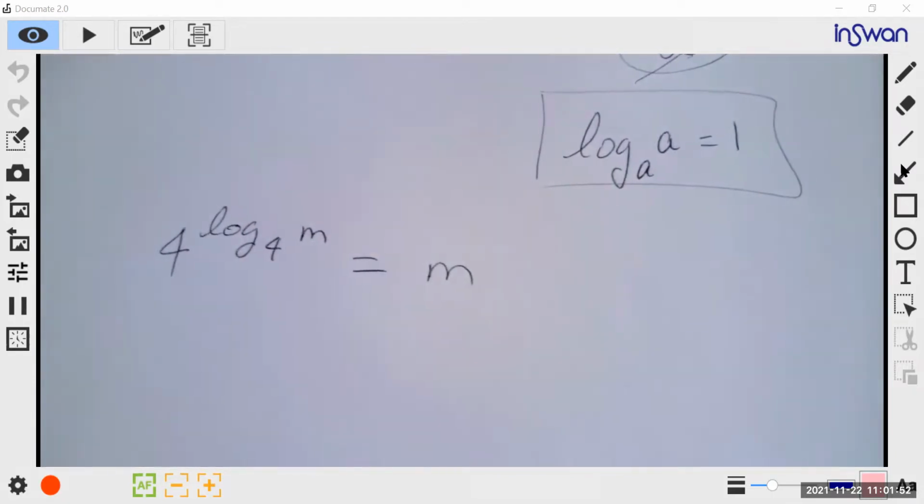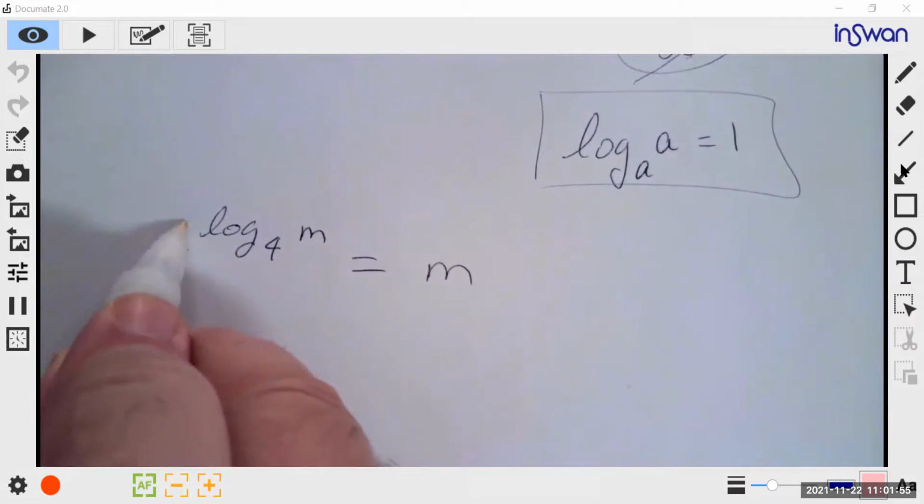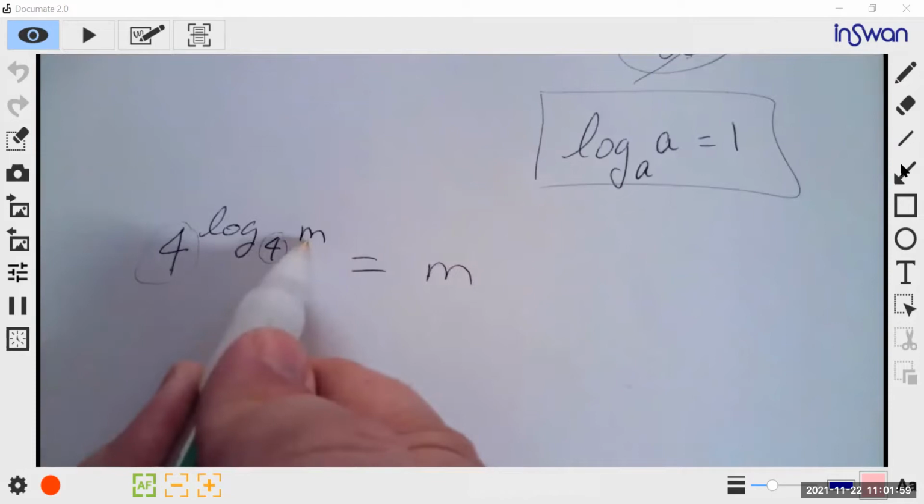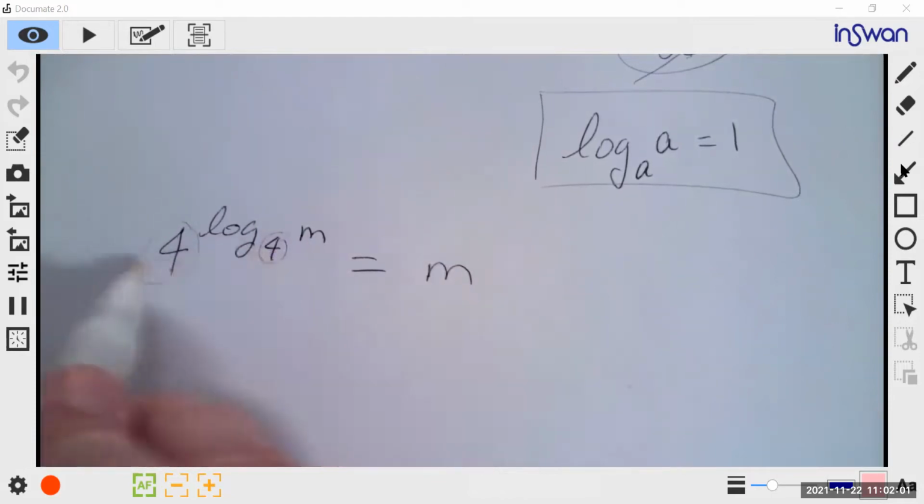The answer is m. Because this 4 is a base of that exponent, and this 4 is a base of this logarithm. If the bases are the same, they cancel out. You just have whatever's there.